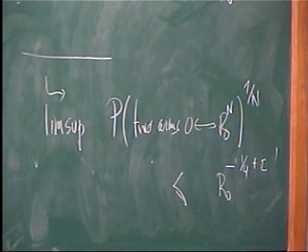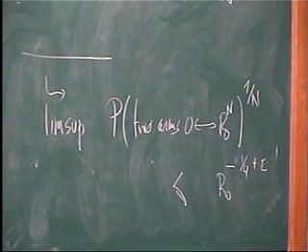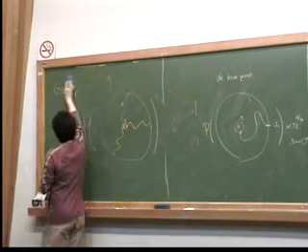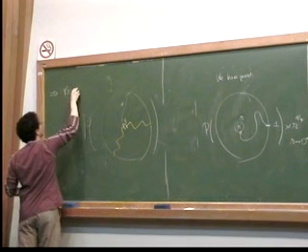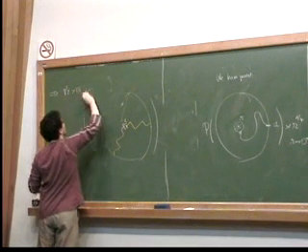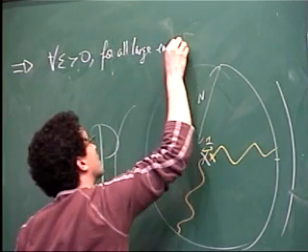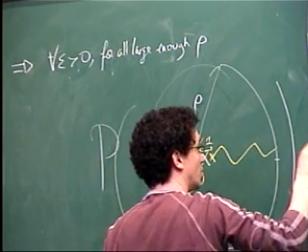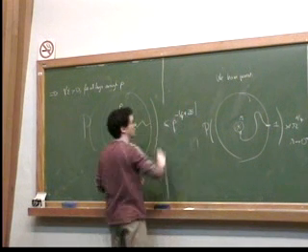So for the upper bound, you don't have any problem. This says that for any epsilon positive, for all large enough rho, this is smaller than rho to the minus 1/4 plus 2 epsilon, or something.